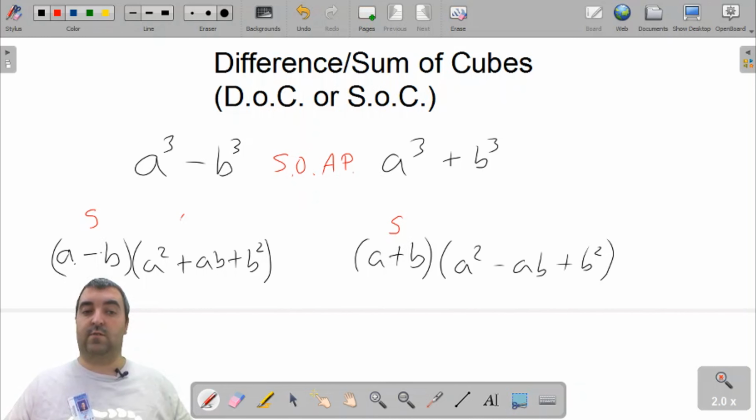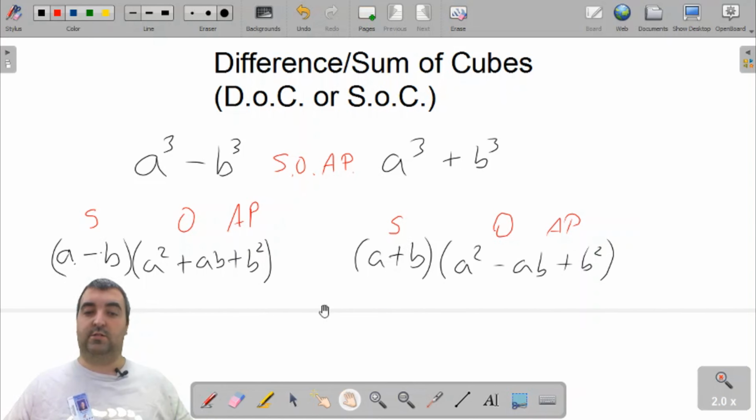O is for the second one, and it's always the opposite. So this was minus, this one's plus. If this was plus, this one's minus. And then the last one is the AP, which stands for always positive. So this last operation is always plus b squared.